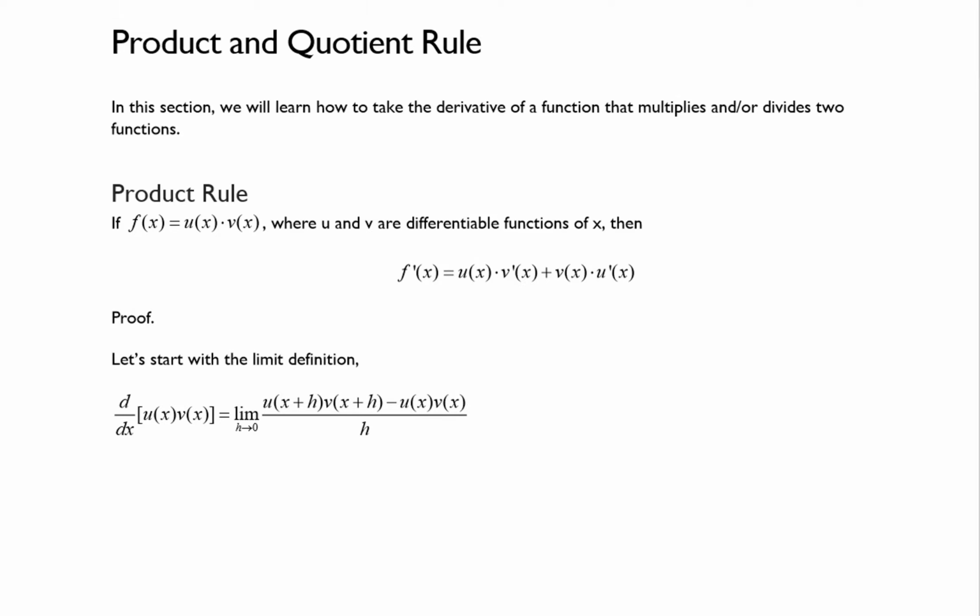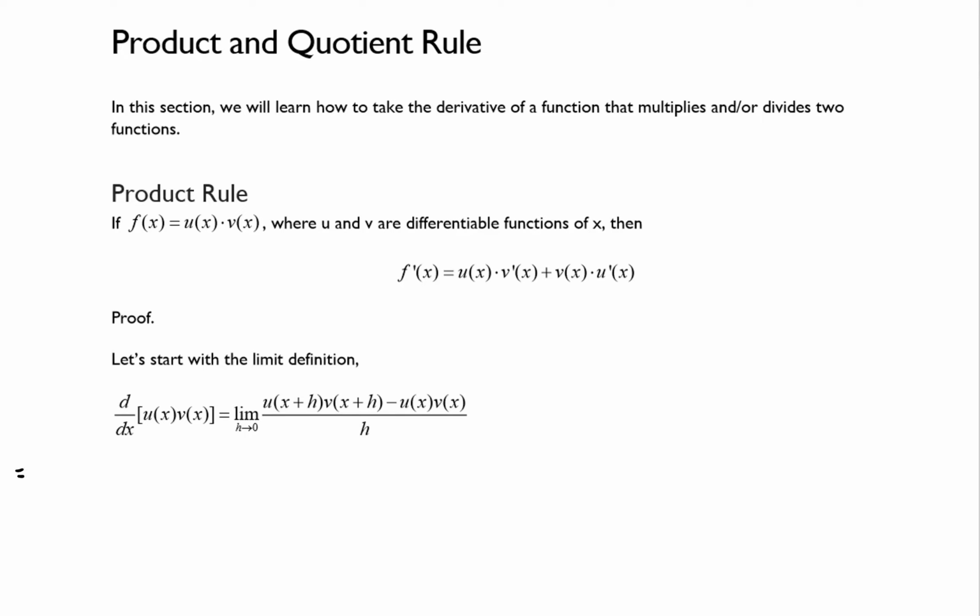Let's go ahead and prove this, and let's start with the limit definition. The derivative of u of x times v of x is equal to this limit here. Now we're going to introduce a term that's going to allow us to manipulate this algebraically.